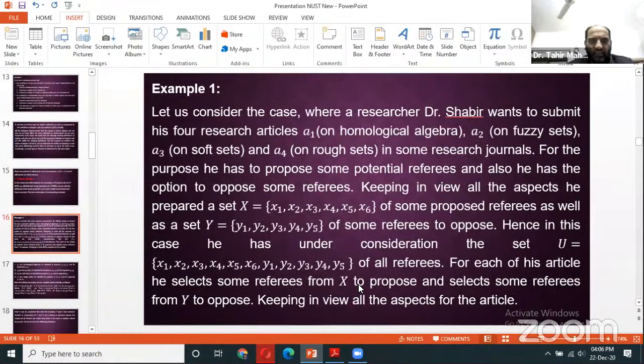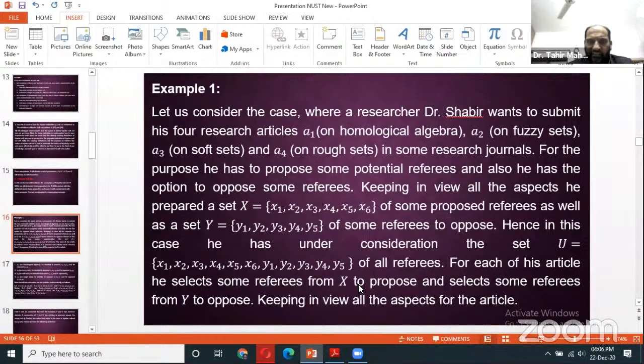Let us consider the case where a researcher, Dr. Shabir, wants to submit his 4 research papers, A1, A2 on fuzzy sets, A3 on soft sets, and A4 on rough sets, to research journals. For the purpose, he has to propose some potential referees, and he also has the option to oppose some referees.